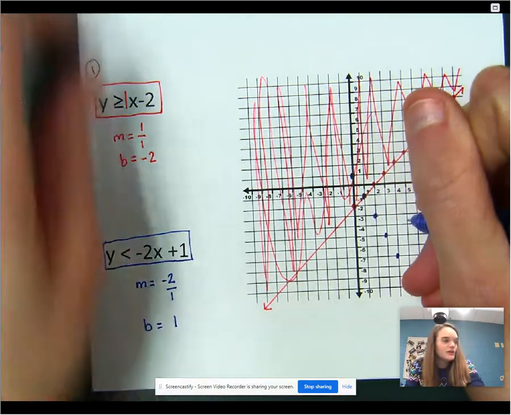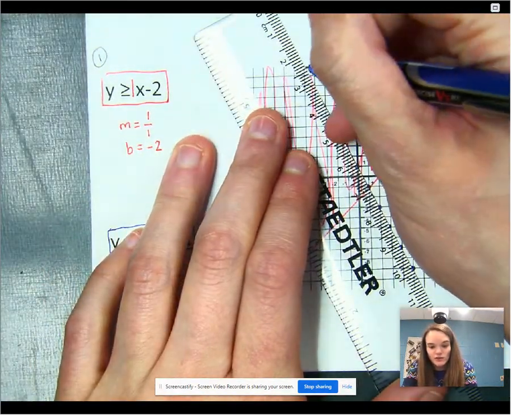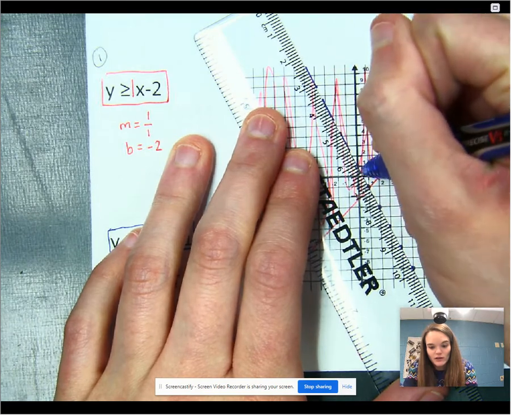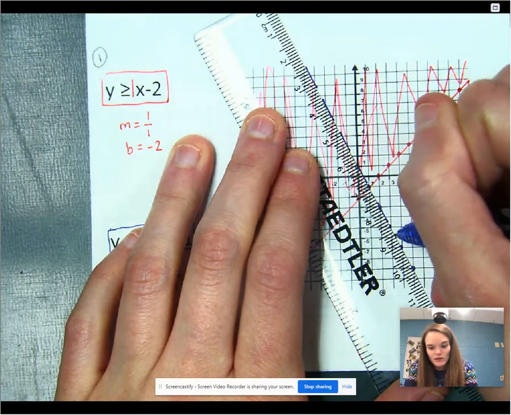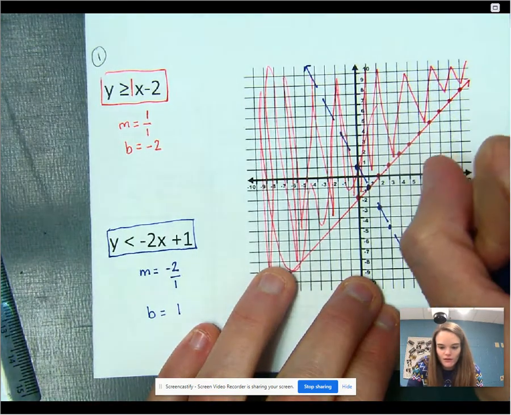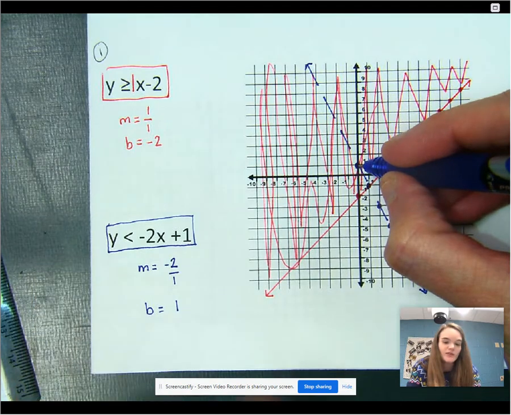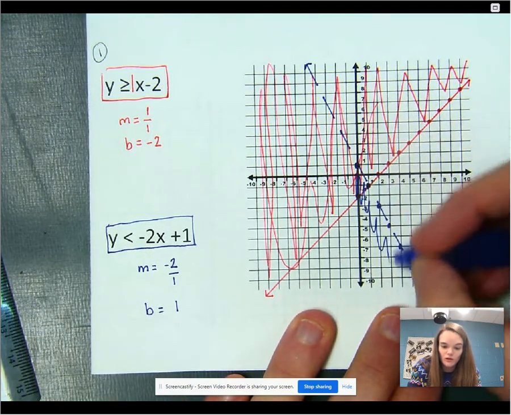Okay. This is just greater than or less than, without the or equal to, so it is a dashed line. Now, I'm going to the y-intercept of the blue portion. This says less than, so I'm going to shade below.